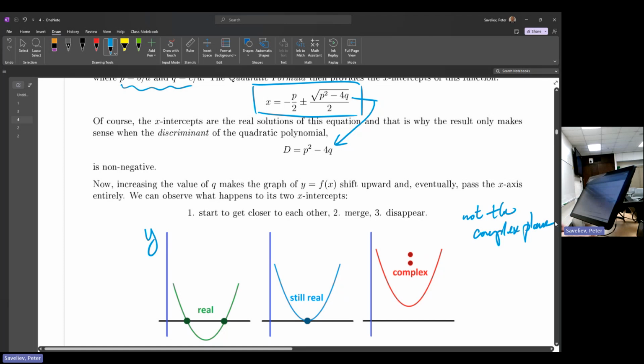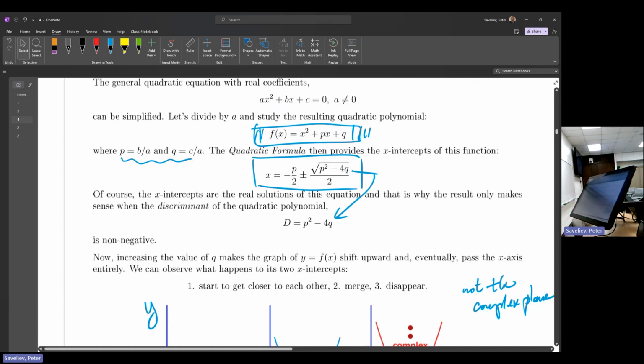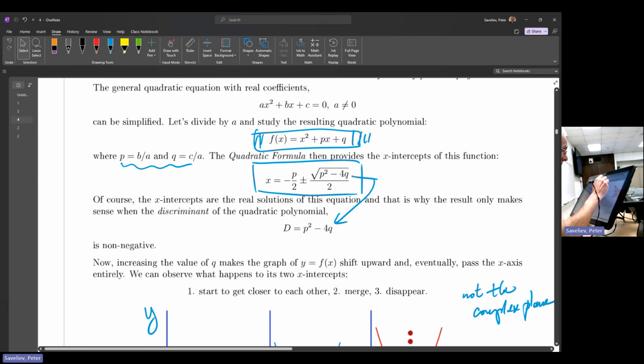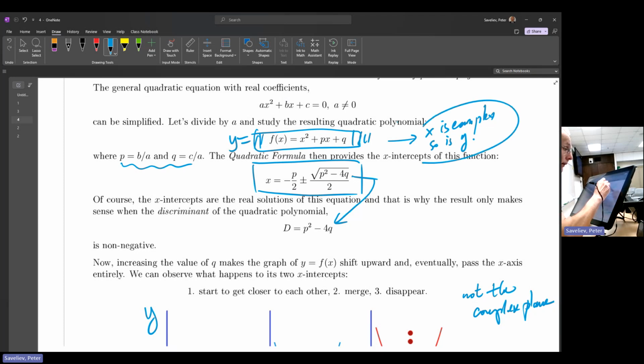Unfortunately, plotting polynomials that happen to be complex, think about this one. Now we imagine x is complex, yes. So then so is y. Okay, so think about this.